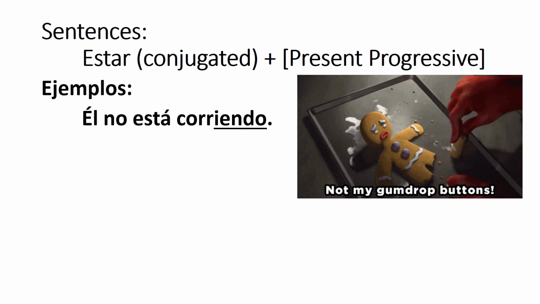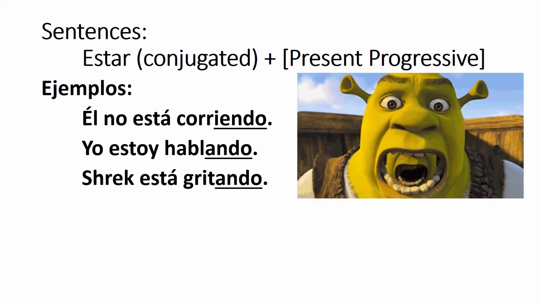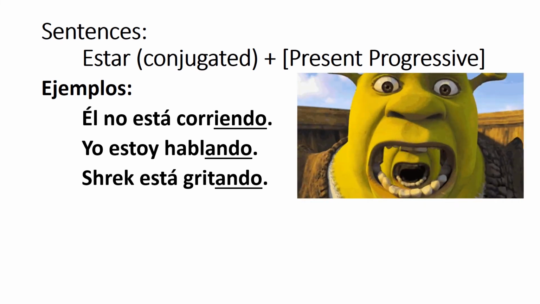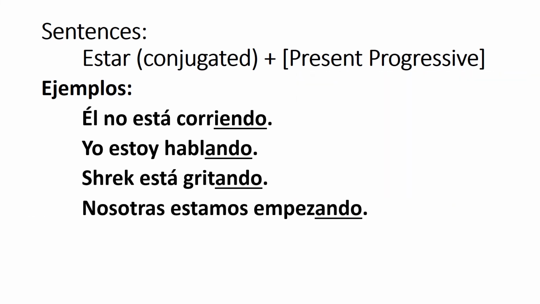If I wanted to say I am talking, yo estoy hablando. If I wanted to say Shrek is yelling, I could say Shrek está gritando. And if I wanted to say we are starting, nosotras estamos empezando.